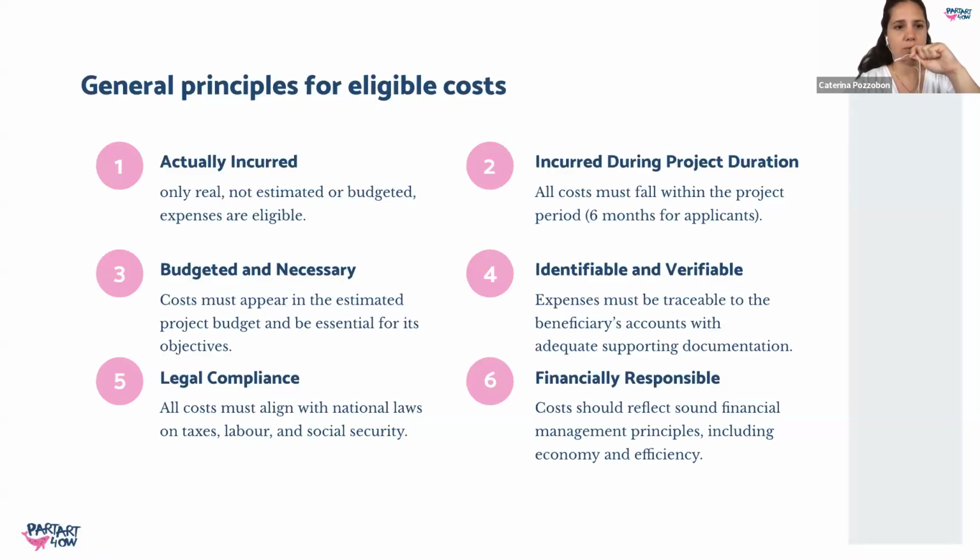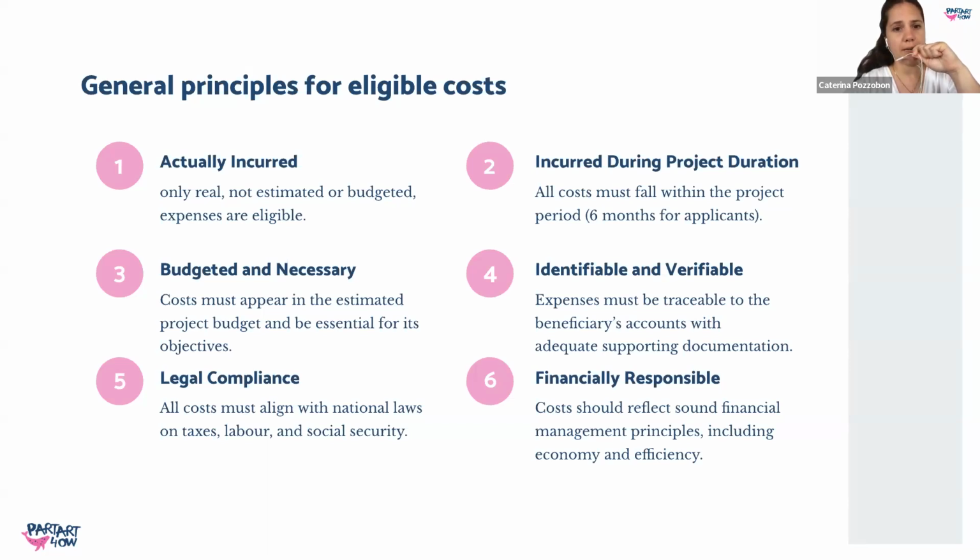So here, just an overview of the general principles of the eligible costs. Every expense you make has to be actually incurred, so only real costs can be eligible. They have to be budgeted and necessary. They have to comply legally with national laws on taxes, labor, and social security.